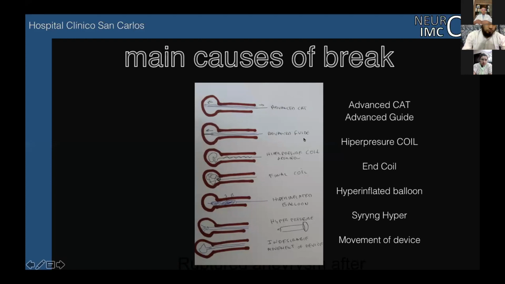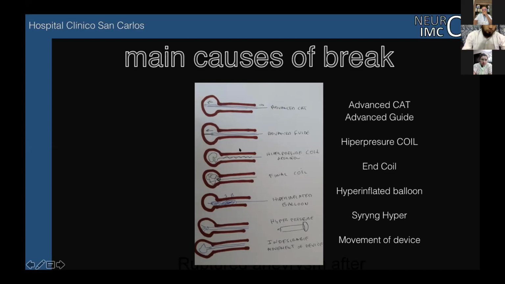Also, high pressure coiling, and the accordion sign in the catheter. It's very common, the funnel coiling, or an over-inflated balloon.